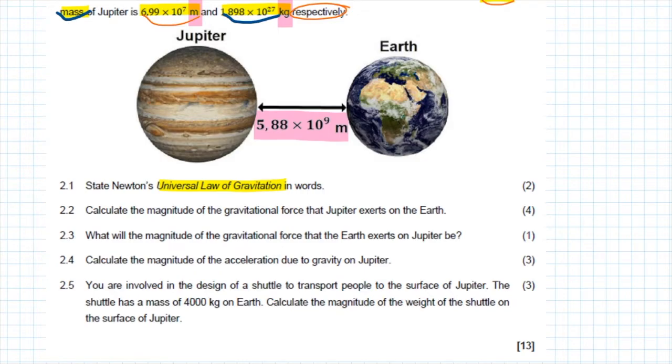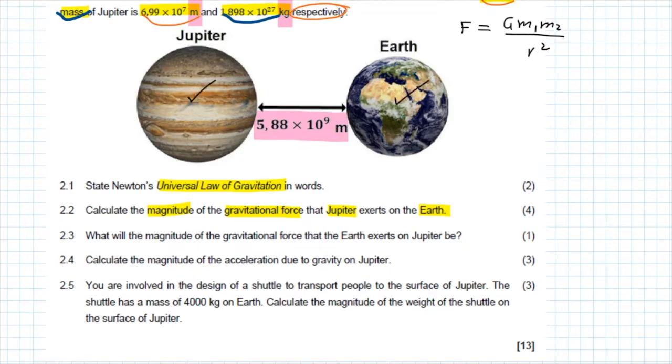Question 2.2 says, calculate the magnitude of the gravitational force that Jupiter exerts on Earth. So to calculate that, we're going to say the gravitational force is equal to the gravitational constant multiplied by m1 multiplied by m2 divided by r squared, where m1 and m2 are the mass of Jupiter and the mass of Earth.